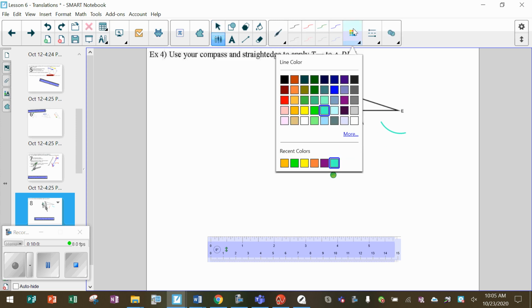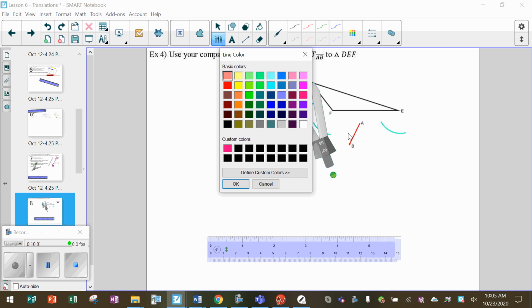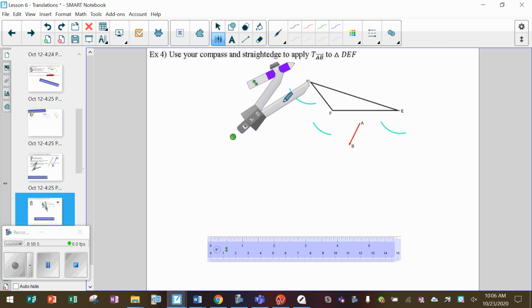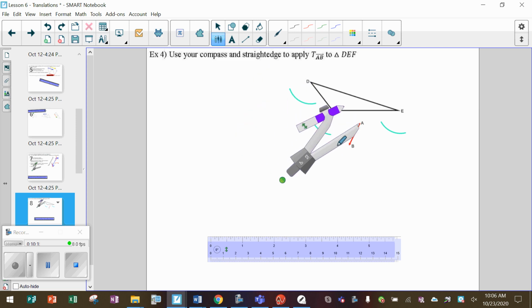Then I measure from the start of the vector. So in this particular case, that's point A. Measure from the beginning of the vector. Okay, so you're going to measure from the beginning of the vector to the point you are translating. So the start of the arrow to the point of the triangle.